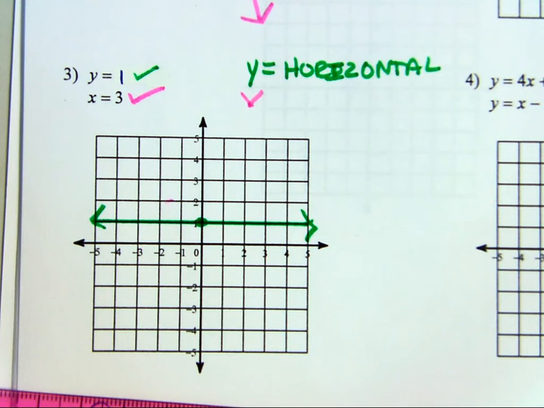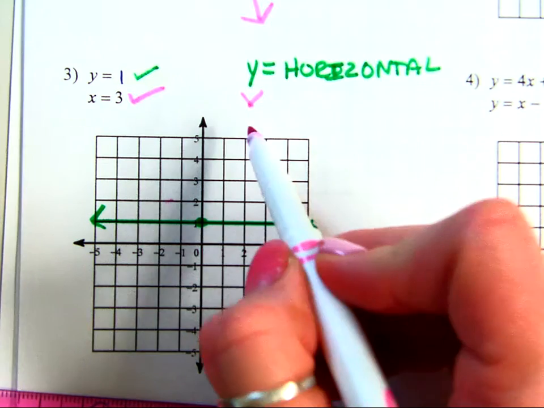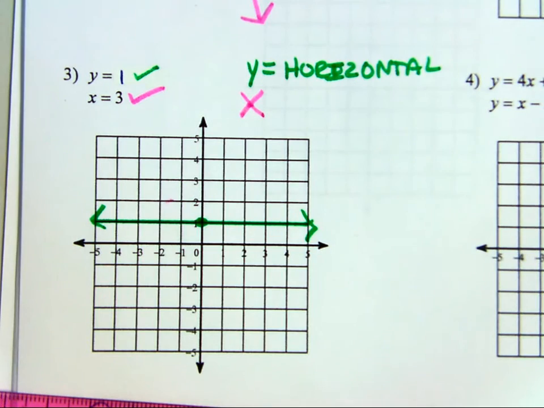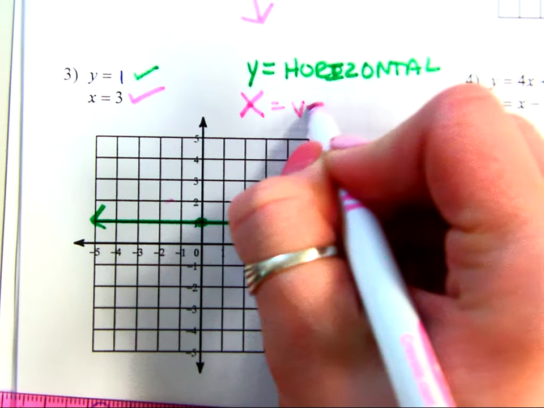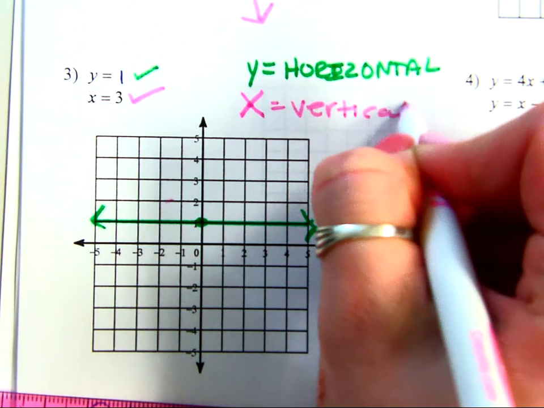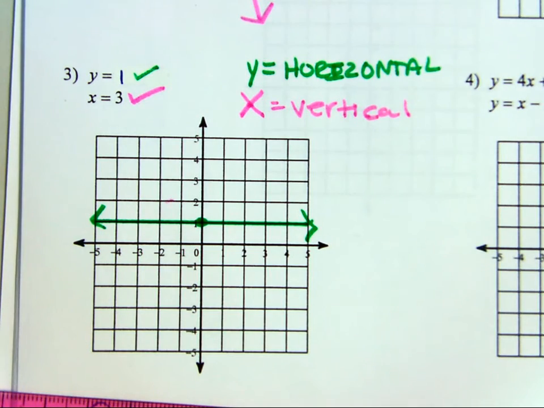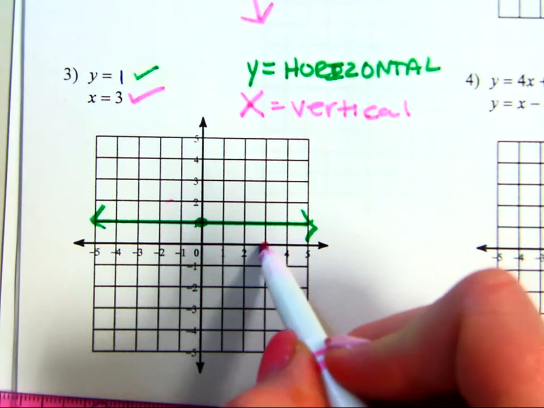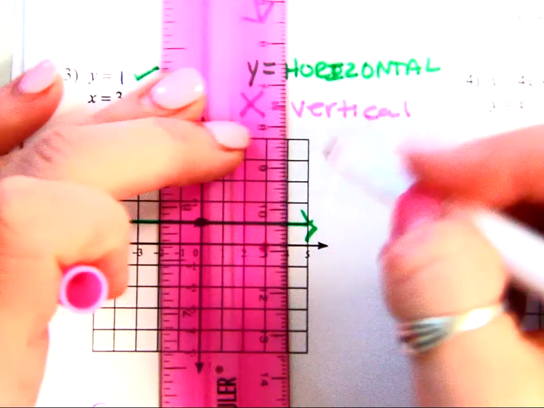If I take and reflect that, I get another V, and that reflected is an x. So I need you to know when it's x equals, it's vertical. And that's the only time you will ever have a vertical line, is if it's x equals. Okay? So now, what does x equal? 3. So that's going to be my vertical.